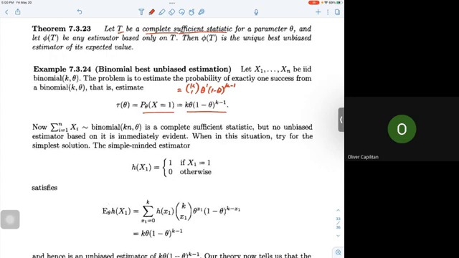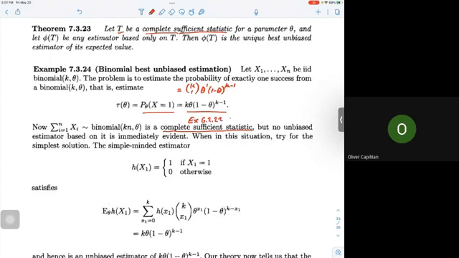Now, the summation of x sub i from 1 up to n, you have learned this in the previous stat. That's actually having a binomial distribution with kn number of trials and the probability of success theta, and it is complete. So it's a complete sufficient statistic. You can refer to example 6.2.22 in the previous chapter.